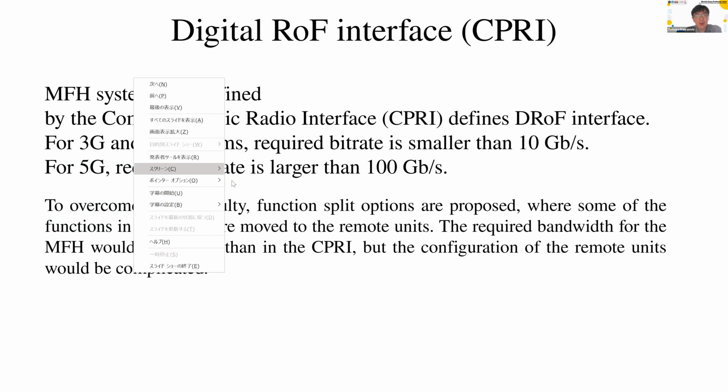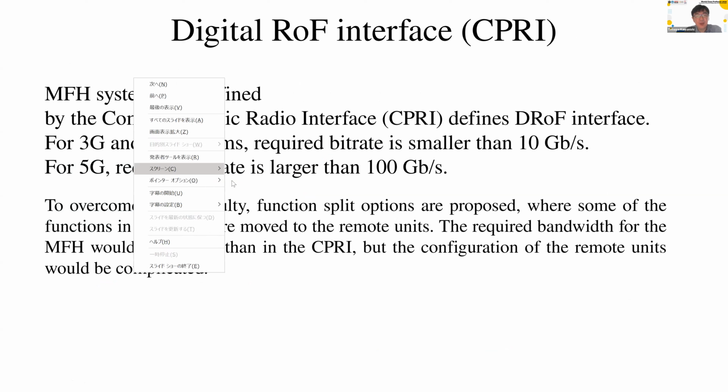For 3G and 4G systems, the required bit rate is smaller than 10 gigabit per second, so we can use the low cost 10G system. But for 5G, the required bit rate is larger than 100 gigabit per second. So it's not easy to use digital radio over fiber for 5G directly.